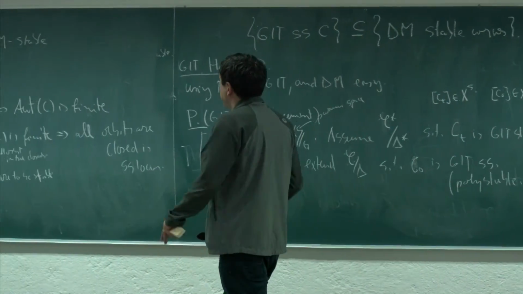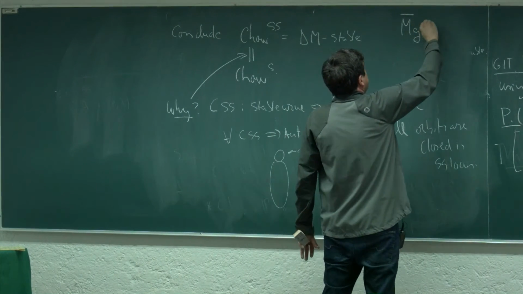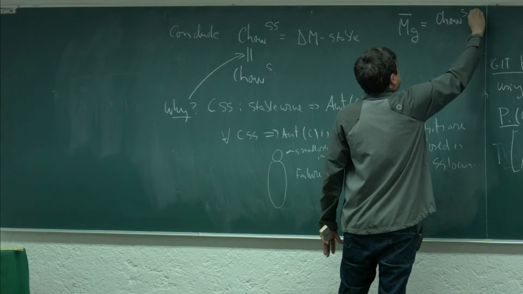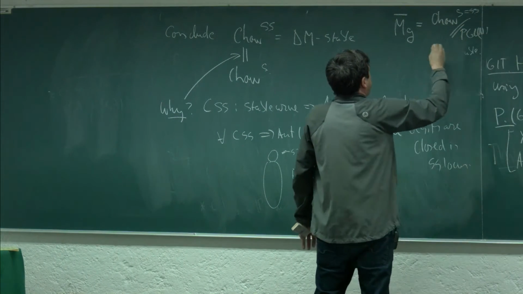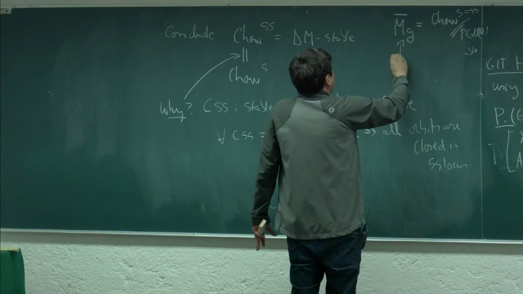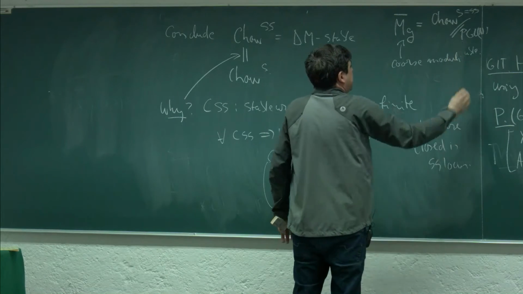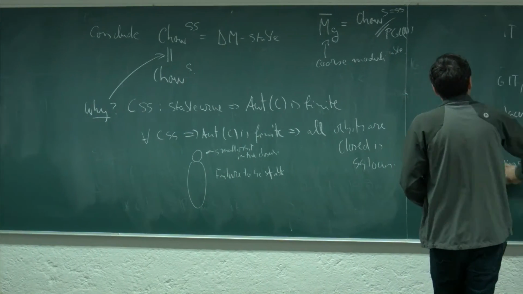So the conclusion is that indeed I have M_g bar is Chow stable, which is the same thing as semi-stable mod PGL_N. And this is the coarse moduli space, and this is as good as it comes.